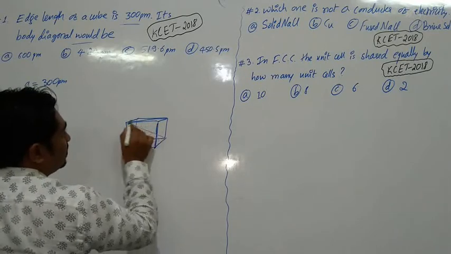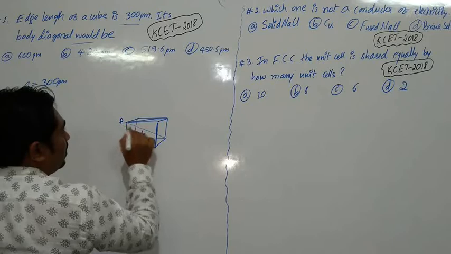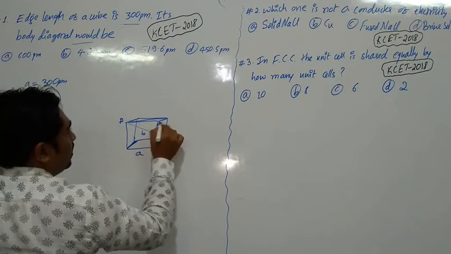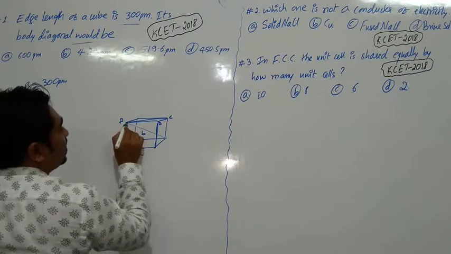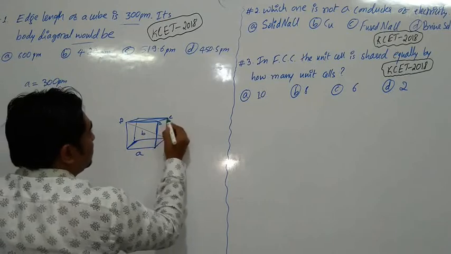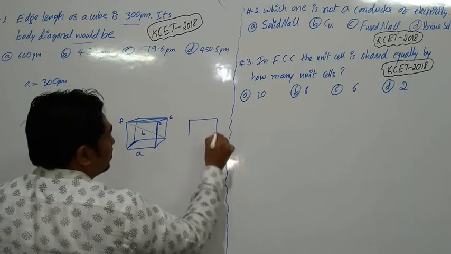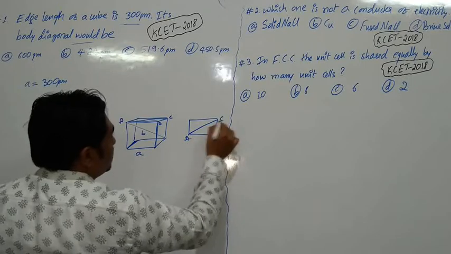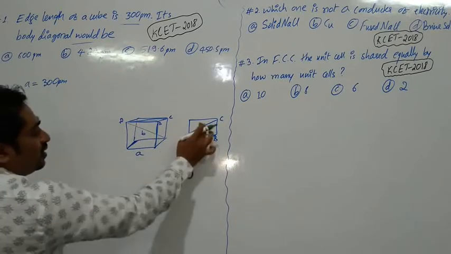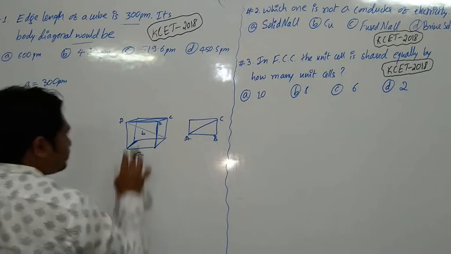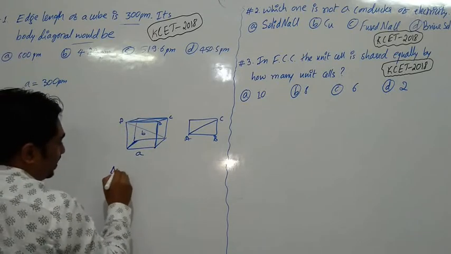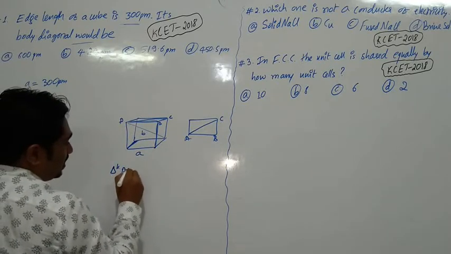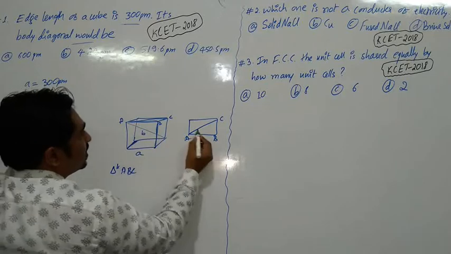First, let us consider this face diagonal, in the triangle ABC. So this is our triangle ABC, this upper triangle. What is the length of this face diagonal?